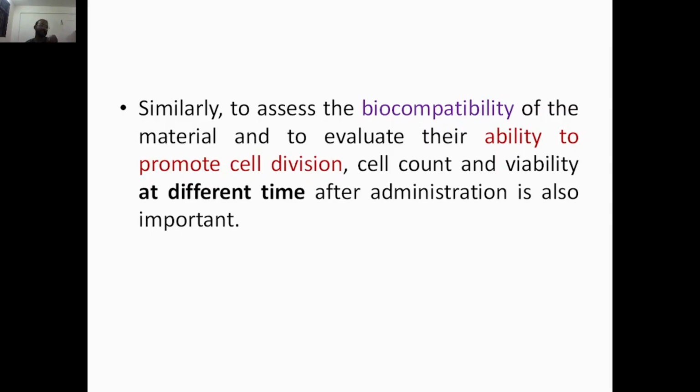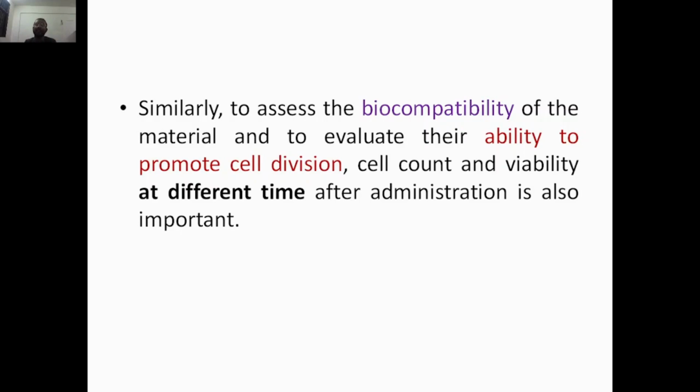That means whether the cells are harming any other cells or not, or whether the scaffold, which is a biomaterial, has any effect on the cells or adjacent organs. That has to be checked, right? Similarly, in the same fashion as the cell number, biocompatibility is one of the properties of a particular material, usually the scaffold or the synthetic extracellular matrix.